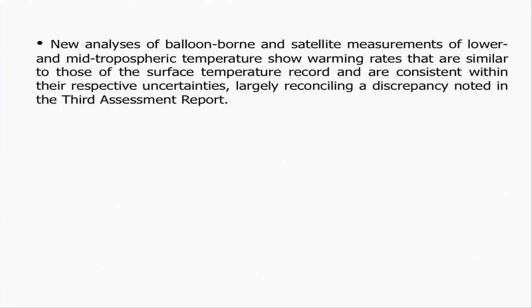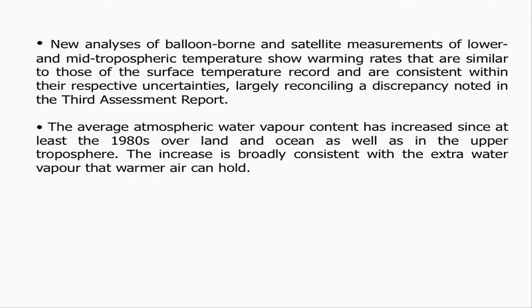There were a lot of issues that were highlighted in the third assessment report, basically showing that there were some significant differences between these measurement data sets, and that was eventually tracked down to errors in radiosonde measurements, those balloons that measure temperature, humidity, pressure, etc., but also some issues with satellite measurements as well, because satellite measurements are not perfect. They have to be validated with in situ measurements. But most of those issues are now sorted out.